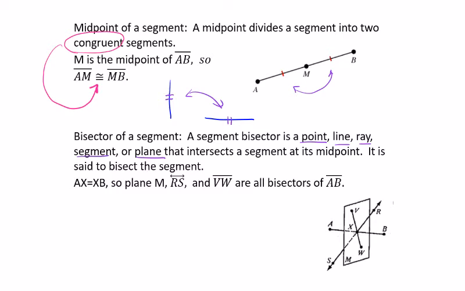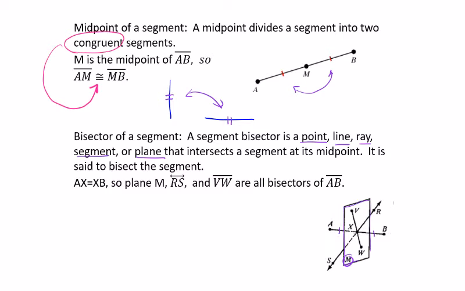So in this case, AX equals XB, so AX, draw a tick mark there, equals XB. So plane M, this plane here, intersects AB, or excuse me, not just intersects, but bisects.